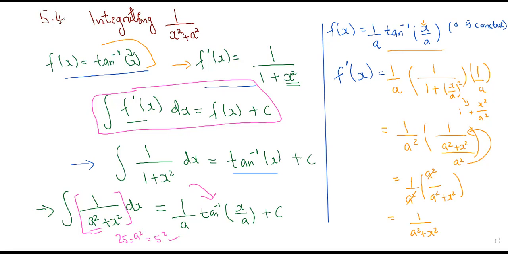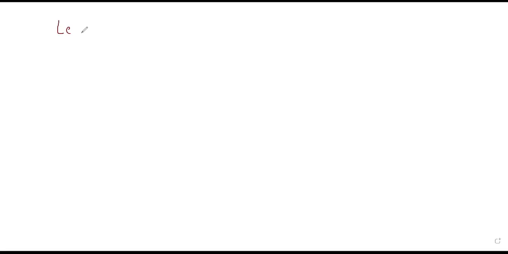The learning outcome is the thing you should have at your fingertips: whenever you come across a question of the type 1 over a square plus x square, and this depends upon your observation, the question would not be this straightforward, you need to make it look like this.